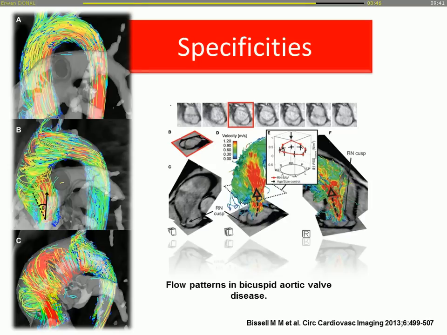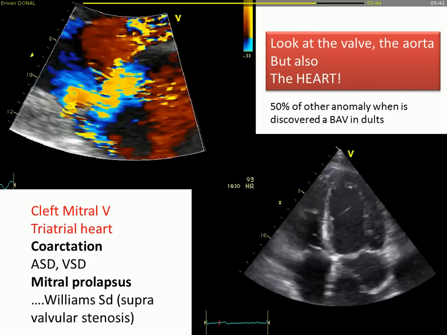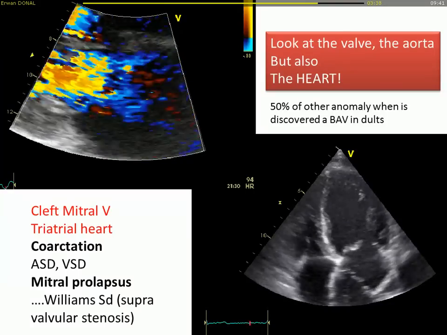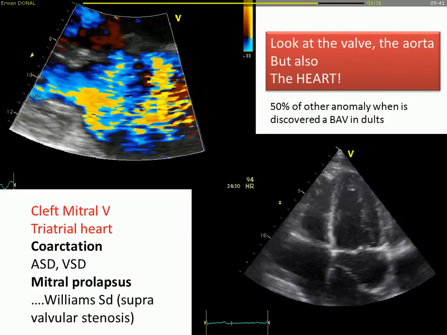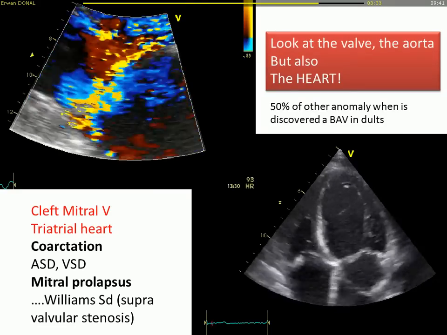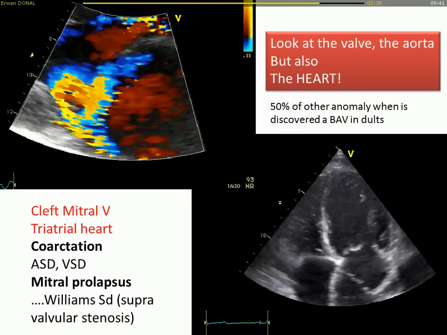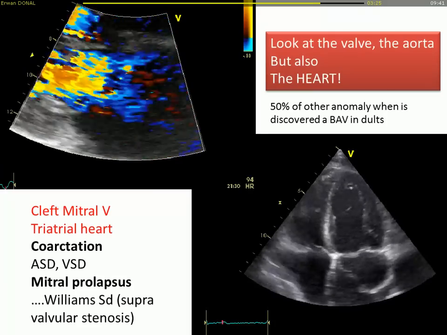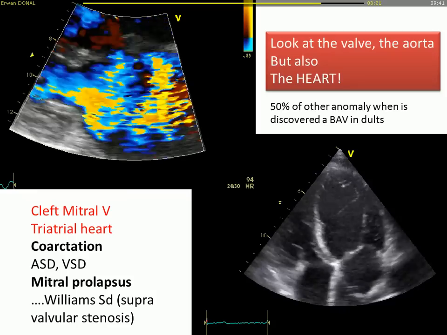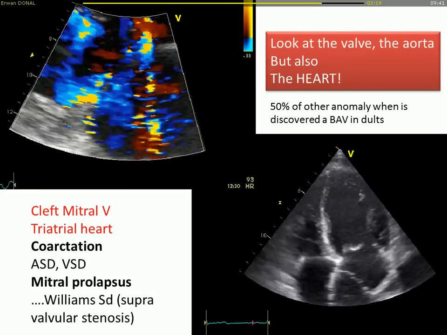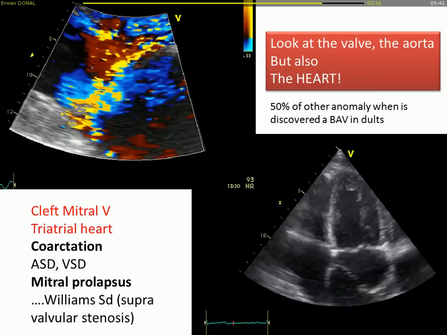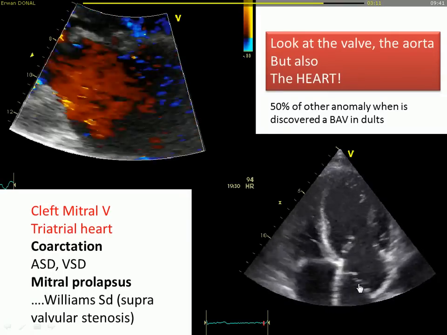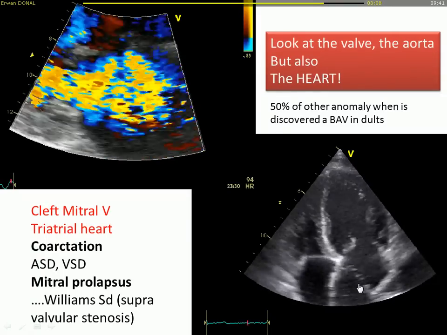It's time for me to discuss very specific topics. First, we look at the valve, we look at the ascending aorta, but we also have to look at the heart, and we know that some patients might have a coarctation, some patients might have an atrial septal defect, some of them also might have a ventricular septal defect, but also mitral valve prolapse, and as I show you in this example, you can find a cleft of the mitral valve, or you can find a triatrial heart in a patient with a diagnosis of bicuspid aortic valve.